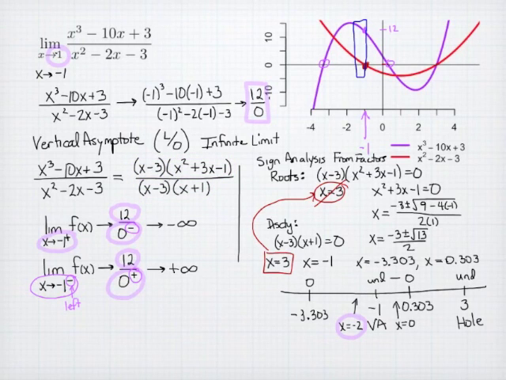If I now plug x equals -2 into my formula, plugging -2 in, I get a negative. On the quadratic, I still get a negative, and -2 makes that negative. So all four factors are negative. That means the sign on the left is positive.